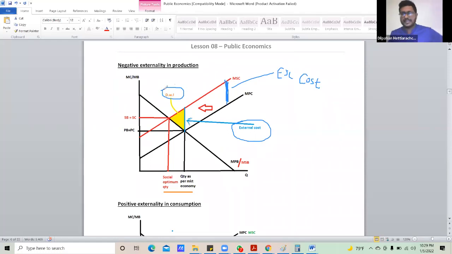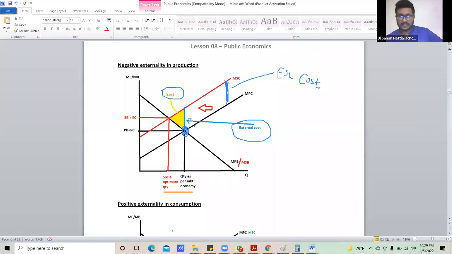So as the last explanation for today, I will just give a summary. Market economy is there. They just operate with self-interest. So therefore, they think about the private cost and the private benefit, right? When they think about the cost and the benefit privately, they go with an equilibrium somewhere around here, which is inefficient, which is bad for the society.